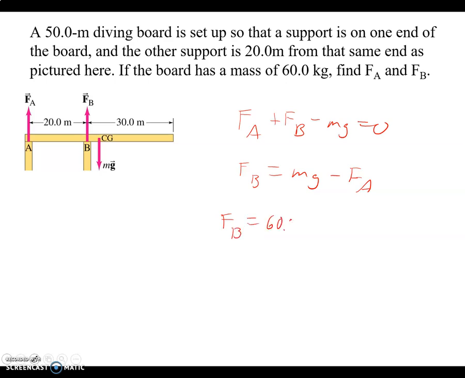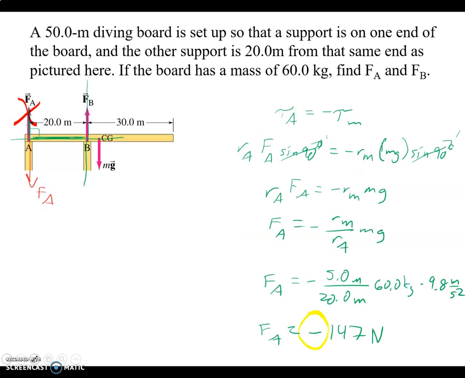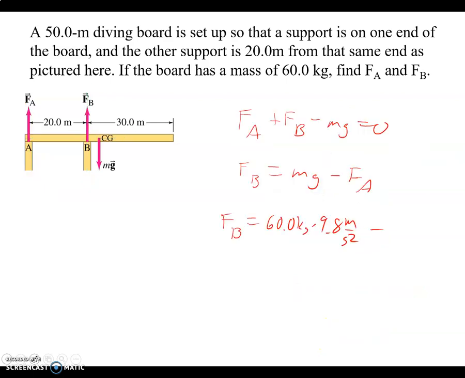And it was 60 kilograms times 9.8 meters per second squared minus FA, which I found to be here as negative 147. I have to keep the negative in there because in this equation we were assuming FA is still upwards.